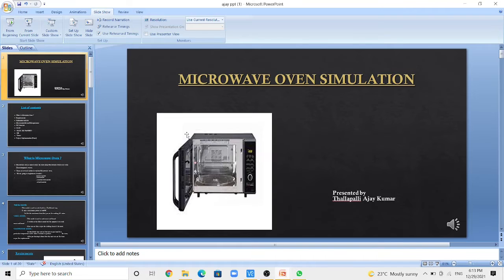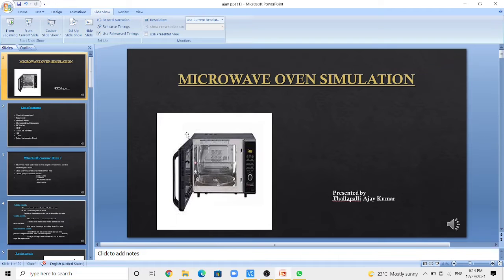I did a project during my internship at Emertexi Information Technologies Private Limited, named microwave oven simulation using embedded C. Here we can design this microwave oven using a PIC microcontroller, which was developed by Microchip Technologies, using a tool called MPLAB X IDE.